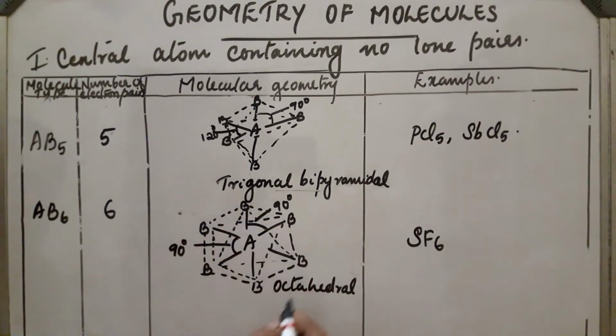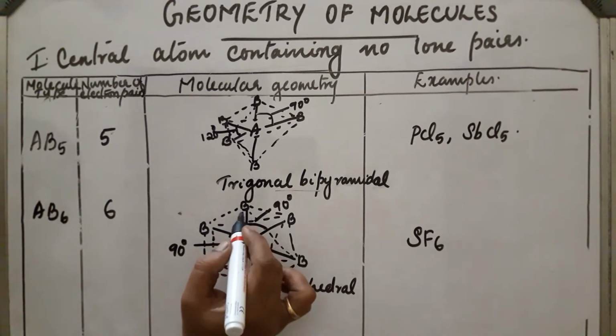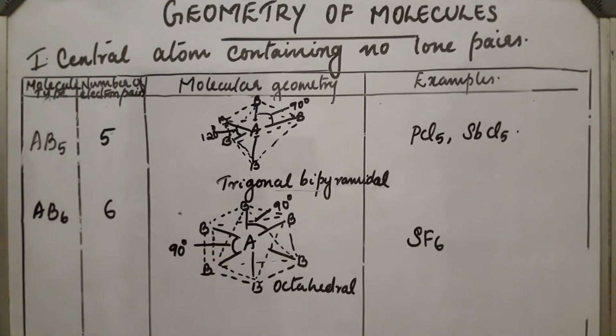So the shape of this molecule is octahedral, and all the BAB angles are 90 degrees. Example is SF6. These are some of the geometries of molecules in which the central atom contains no lone pairs. This is the first category.